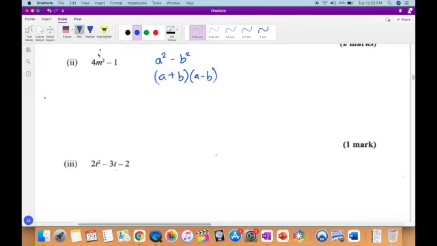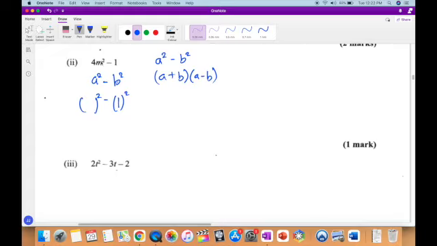And so we can see here that this is of the form a squared minus b squared. So you can see b squared, well, b is 1, right? So 1 squared would give us 1. And then a squared, well, what squared will give us 4m squared?